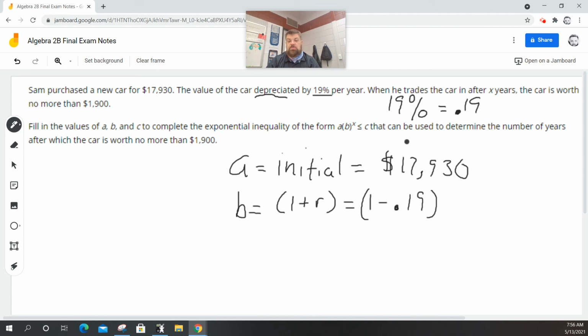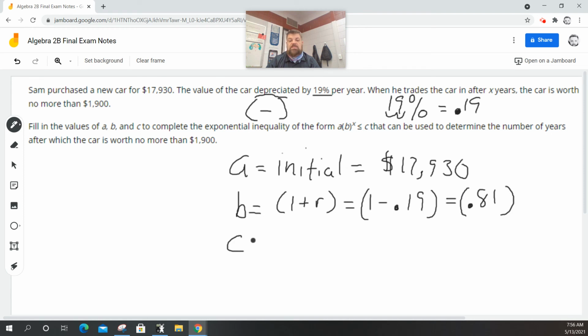You just move the decimal over 2 places, 1, 2. And that's how you get this right here. Well, 1 minus the stuff, and so because it's depreciating, that means that we're going to subtract the rate. So B is going to be 0.81.